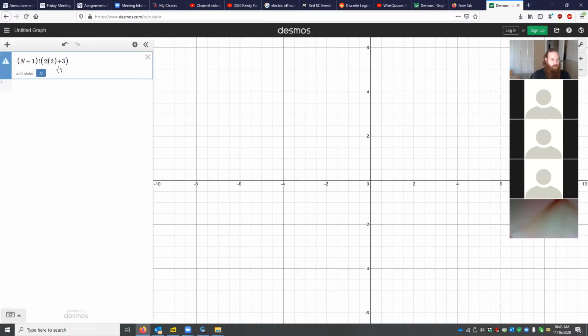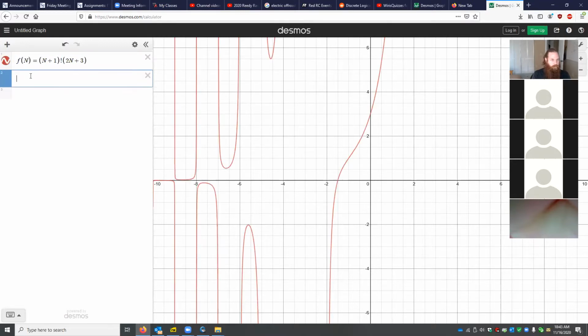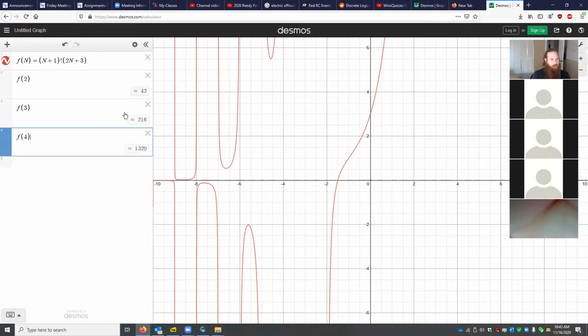Okay. N plus 1 factorial times 2n plus 3. Call this f of n. Ignore the graph, please. So f of 2 we just computed is not big enough. What about f of 3? f of 4. f of 4 is large enough, right?